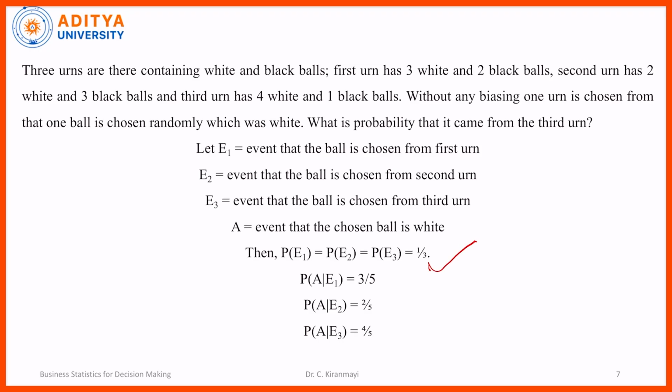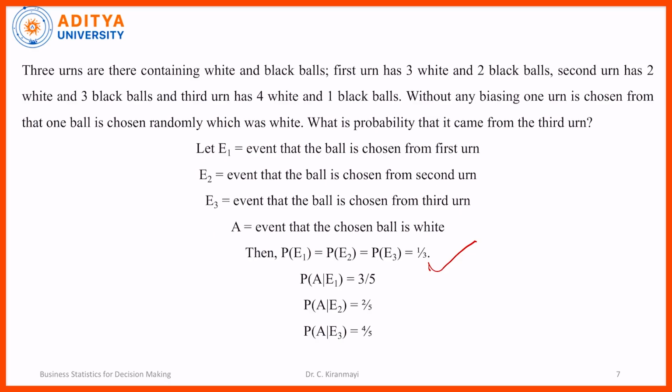Now let us define another event A, selecting a white ball at random. Before selecting this white ball, we have to select the urn.